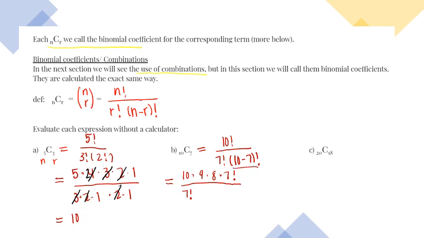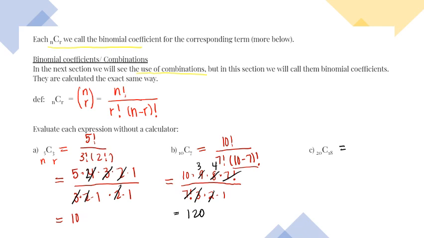And here this is 3 factorial, so it's 3 times 2 times 1. Now we're going to cancel out what we can. Cancel out these 7 factorials. 9 divided by 3 is 3. 8 divided by 2 is 4. Then we multiply those out, so we get 120.